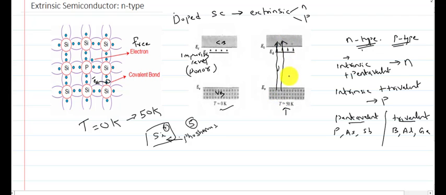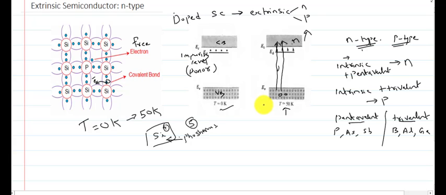So the electron concentration in the n-type will be very high, and some holes will be created in the valence band due to the excitation of electrons from the valence band. So the electron concentration will always be greater, and for an n-type semiconductor the majority carriers will be electrons and the minority carriers will be holes. So this is the case of the n-type semiconductor.